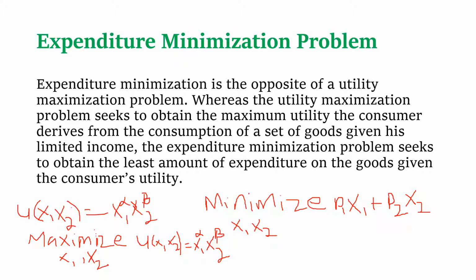That is very simple to understand. So if somebody asks you to write the objective function for a utility maximization problem, you should be able to do that. All you need to say is maximize. Don't say minimize. Utility maximization, you don't minimize there. You don't minimize your utility. That one is common sense.